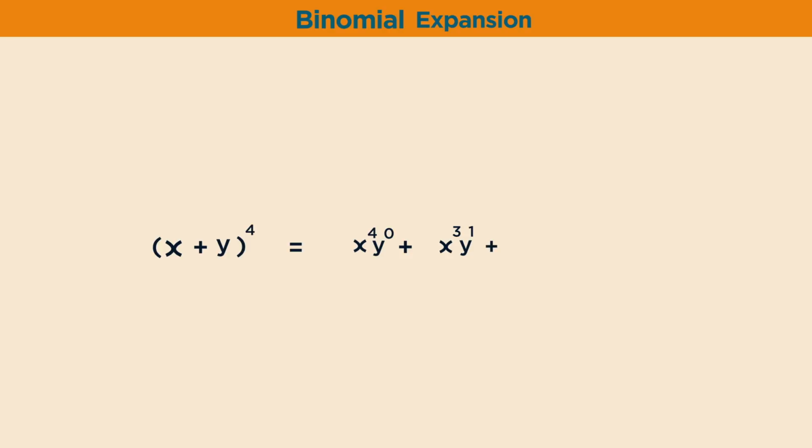And if we continue, we get x squared times y squared plus x times y cubed plus x to the power of 0 times y to the power of 4. And notice that the sum of the powers of each term is always 4.